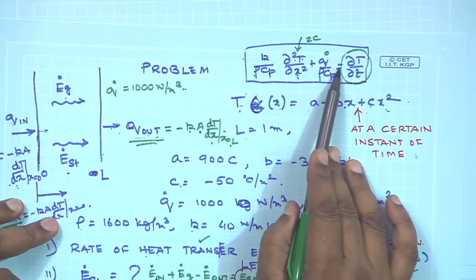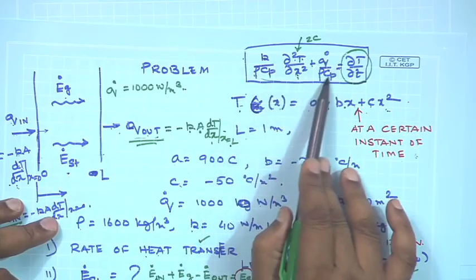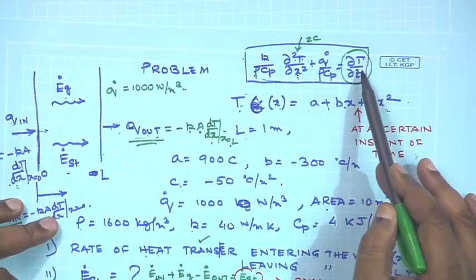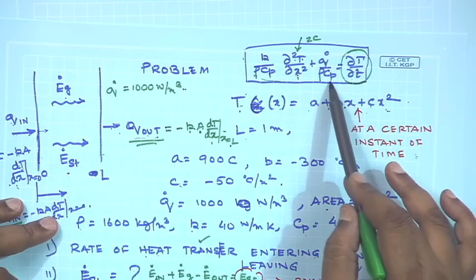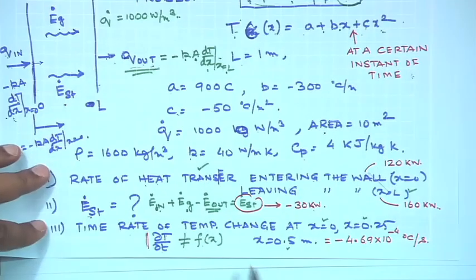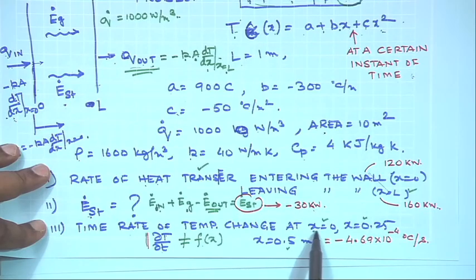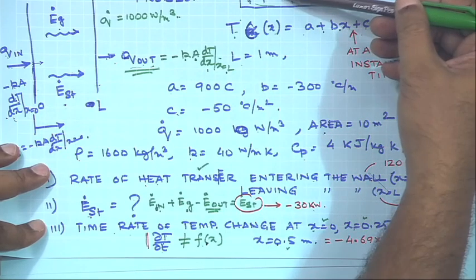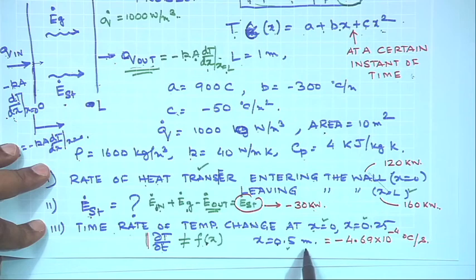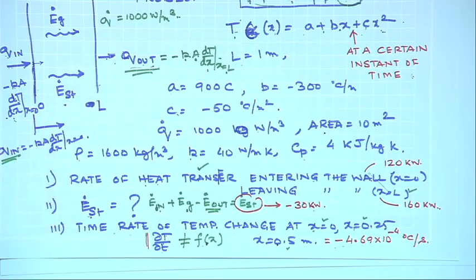So, the entire left hand side, which is the time rate of change of temperature, is going to be a constant. It is immaterial at which value of x you are measuring the time rate of temperature change. It is not going to be a function of x, and when you plug in the values, you would see that the time rate of change of temperature would be minus 4.7 into 10 to the power minus 4 degree centigrade per second.